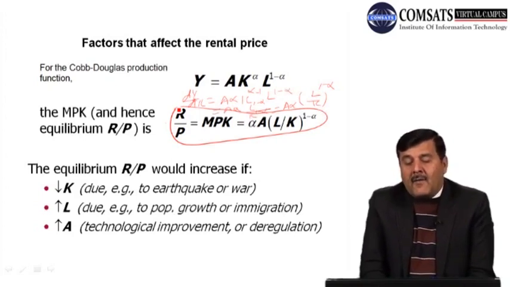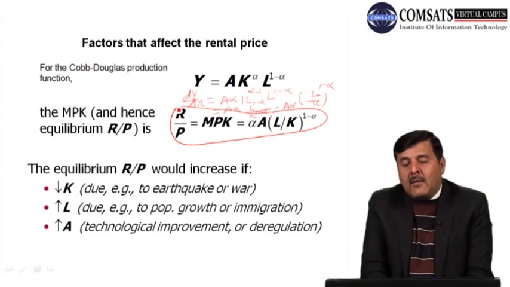Now we see what are the factors that affect the real rental price, which is R over P, in this equation. Now suppose capital goes down due to some war or earthquake, जब capital में कमी वाक़ई होगी तो overall L over K में कमी वाक़ई होगी और marginal productivity जो है उसमें कमी वाक़ई हो जाएगी.